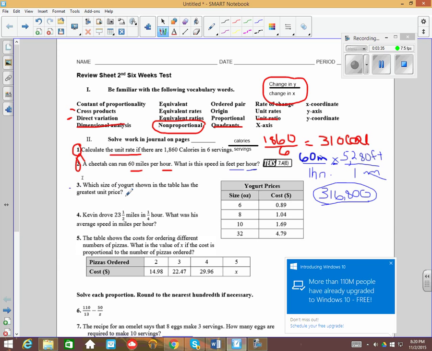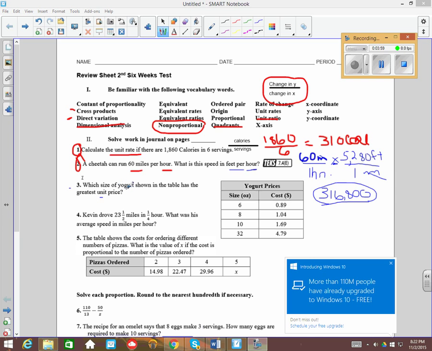Which size of yogurt shown in the table has the greatest unit price? The greatest unit price, okay? So what you'd have to do if you want to know which one has the greatest unit price. So I'm going to change the wording to this.